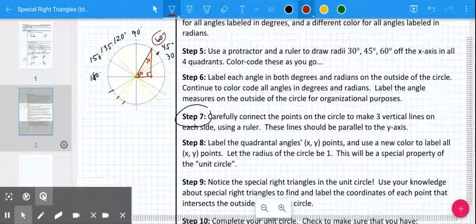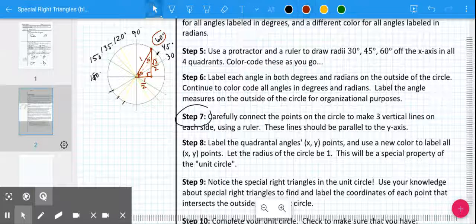So we're calling the radius 1, which in this case is the hypotenuse. So we can use our trig ratios from the previous page to get the sides of 1/2 and the sides of root 3/2. And that'll help us identify, with our skills from yesterday's notes, each of these XY points. So the XY point is at 1/2 and root 3/2.